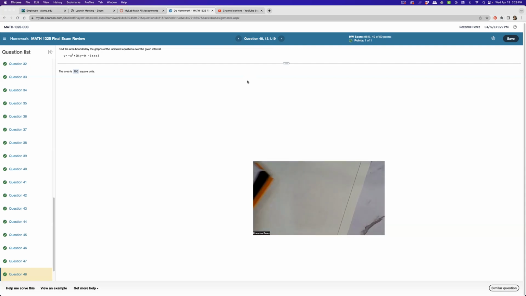So let's graph that. Negative x squared plus 28, and then we're going to change our window to -3, 3, graph.